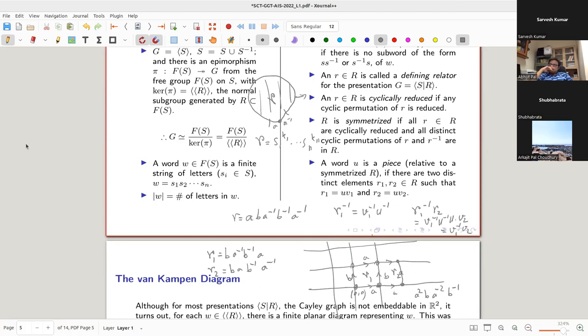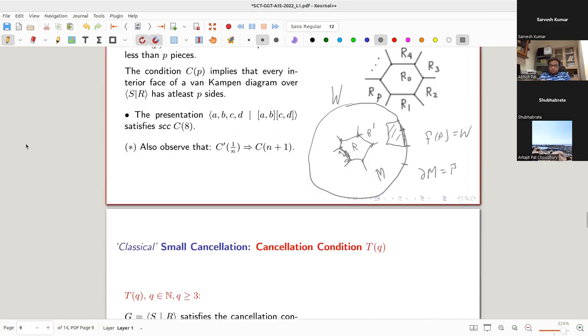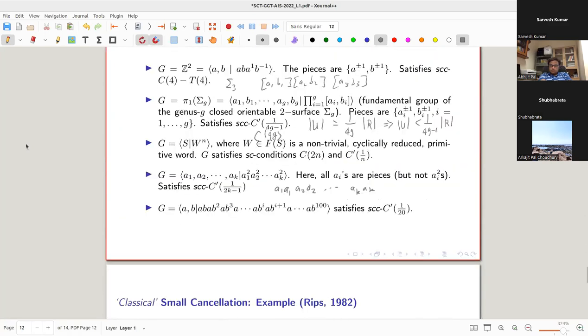But if I take a1, I can take a1 times a1, a2 square, a3 square, up to ak square, right?